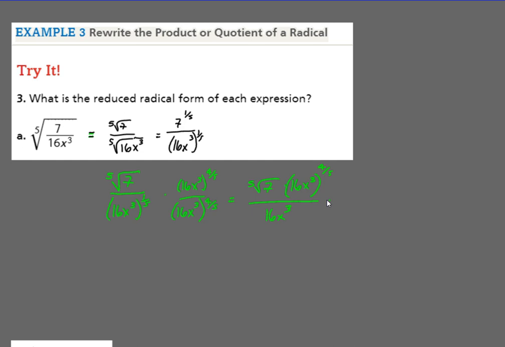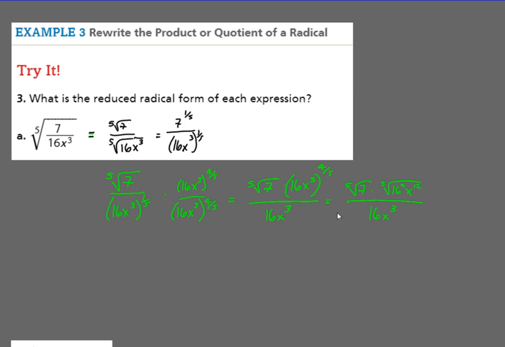All right, now, this up here is the fifth root of 7 times the fifth root of 16 to the 4th power, x to the 12th power. The 4 comes into those. All right, this is going to get kind of crazy. So bear with me. This will be the last example that we do, just for time constraints. Still have the fifth, oops, don't have my denominator written yet. 16x cubed.